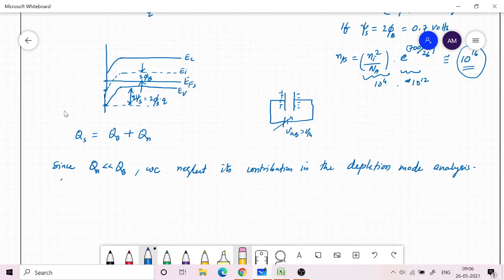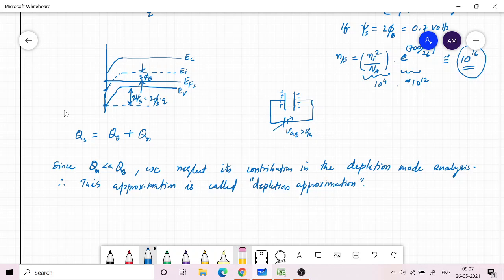Okay, and therefore this approximation is called the depletion approximation. I have not specified it during the derivation, but this is what I actually did.